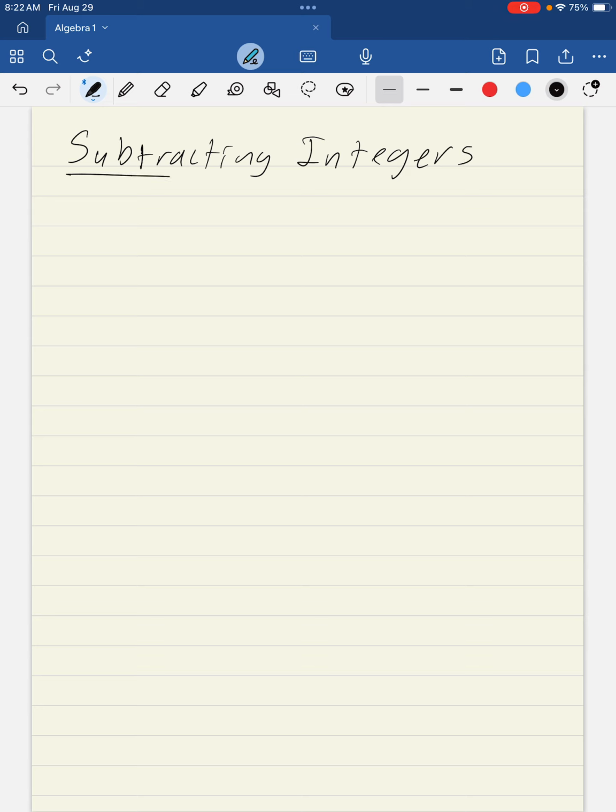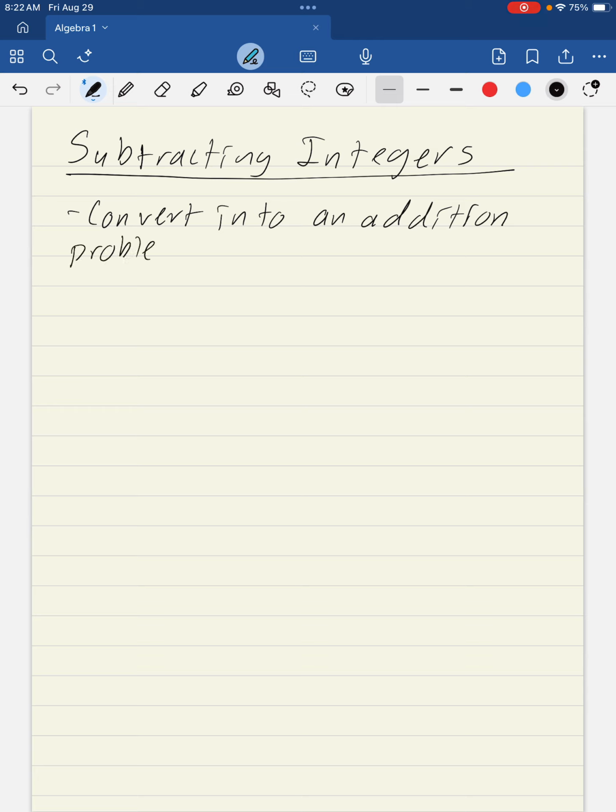So, subtracting integers. What we're going to do here is, well, the easiest way, I think, is to convert it to an addition problem, and then use adding rules. I will show you exactly what I mean by that.